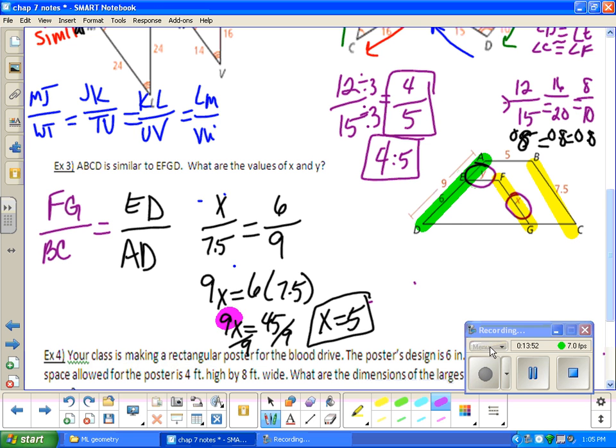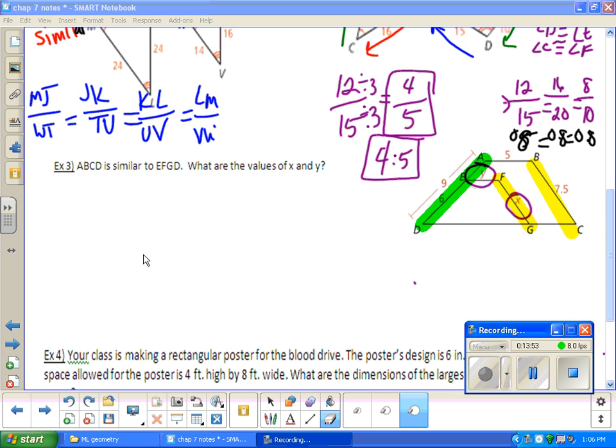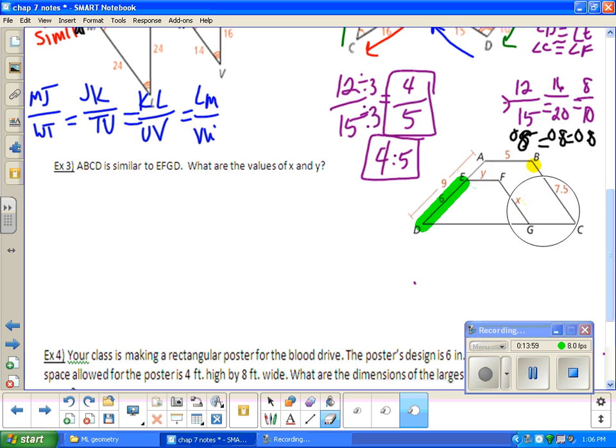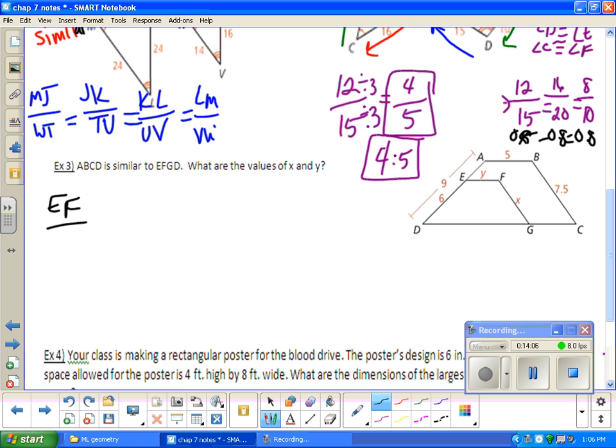So that is to find x. Now we want to find y. So if I have my y here, I want to say EF over AB equals, and then I'm going to use the same one that I had used before, which was ED over AD.